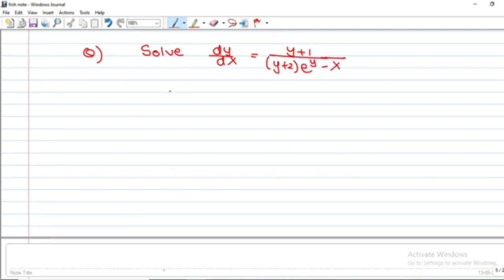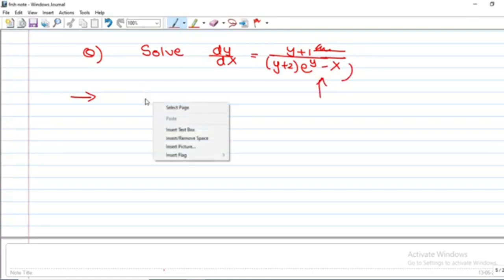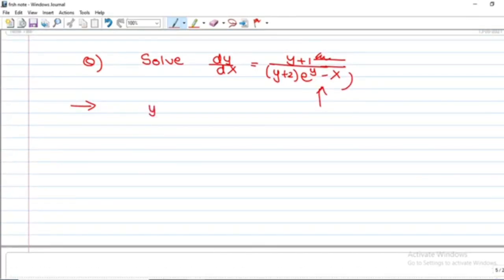Okay, so what we are going to do now, just listen here. If you observe, if you differentiate the denominator, y plus 2 e power y minus x, with respect to y, what you get is first e power y plus 2, and then just e power y.